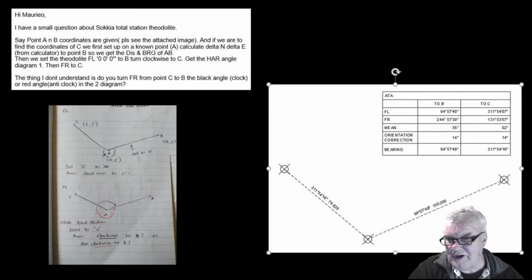Then we set the theodolite face left to B and turn clockwise to C to get the HAR angle, diagram 1, from face right to C.